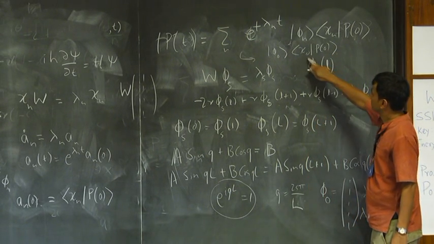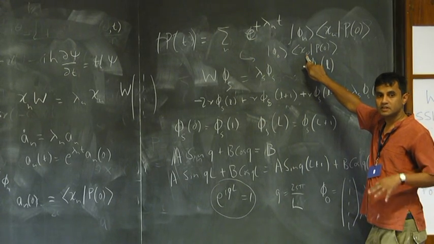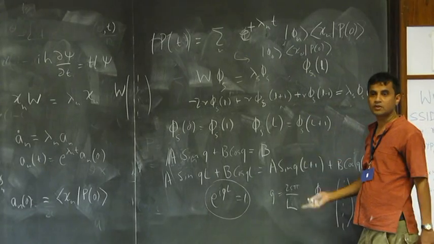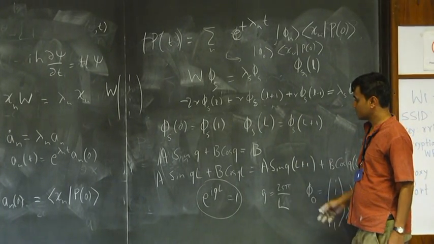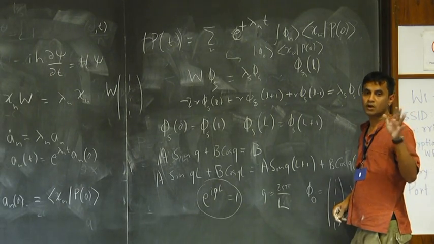Okay, so chi 0 is also actually very simple. Chi 0 is just the left eigenvector, and what you can show is that there is one left eigenvector which is just 1 1 1 1 1.